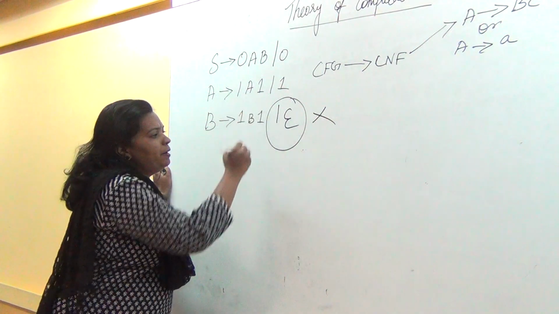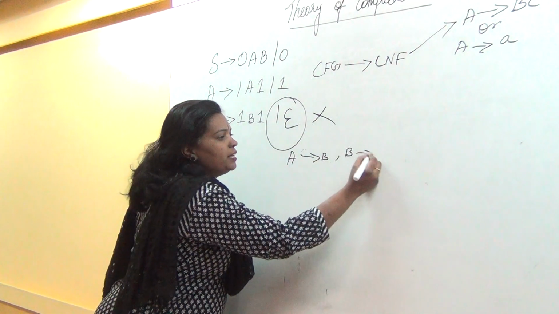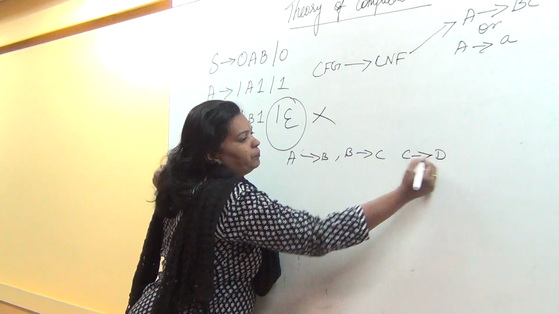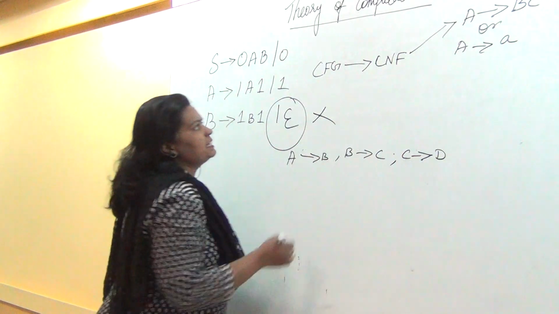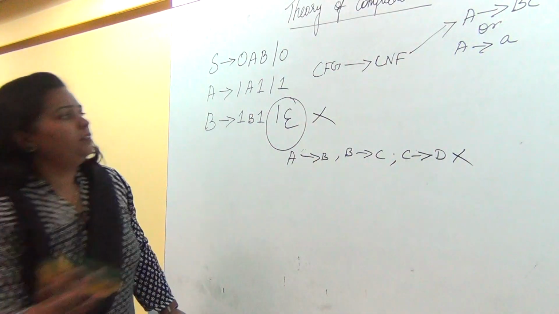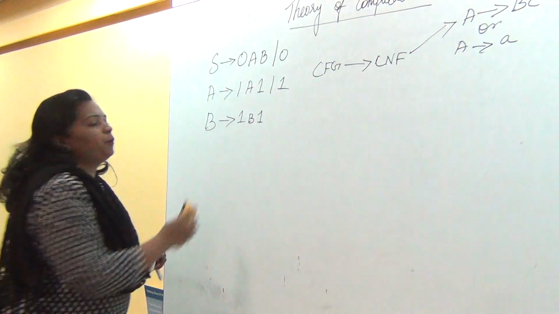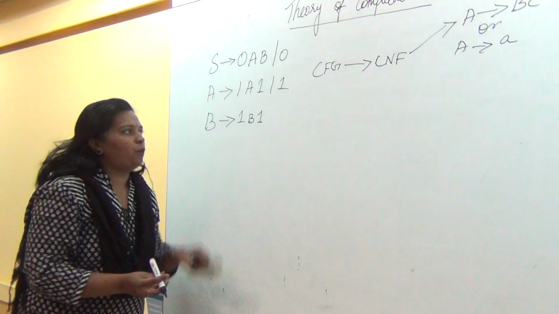Suppose your grammar has unit productions, A tends to B, B tends to C, C tends to D. If any of this form exists in the grammar, we need to eliminate that also. According to the given grammar, there is no epsilon production and there is no unit production. We have only normal values.